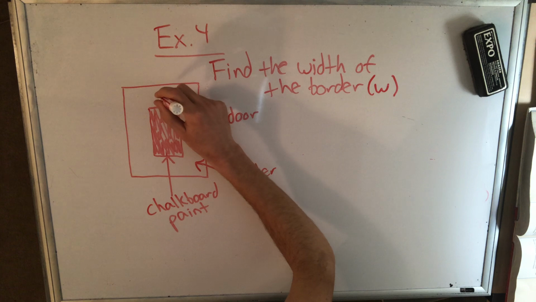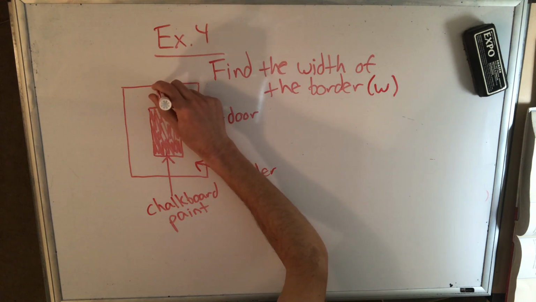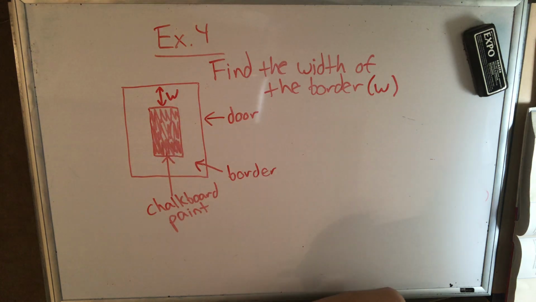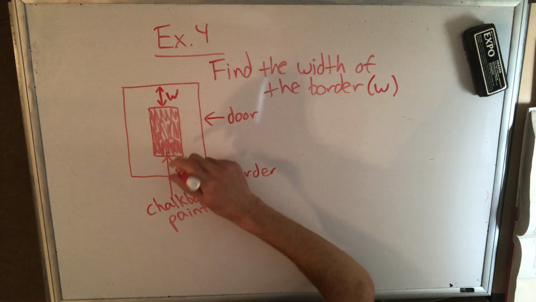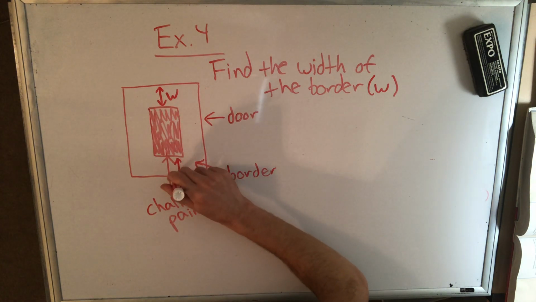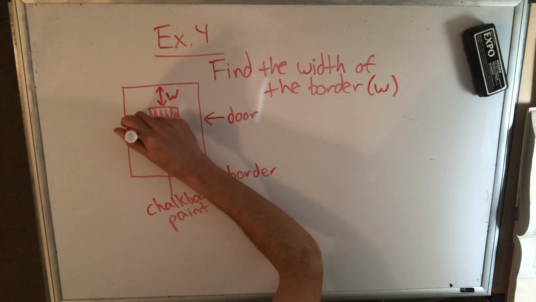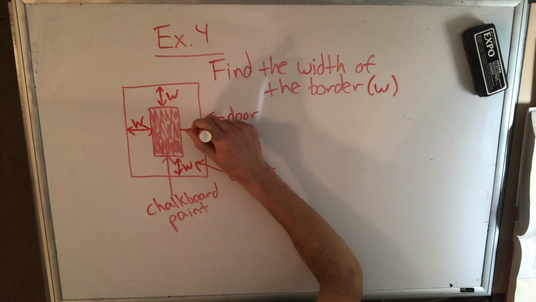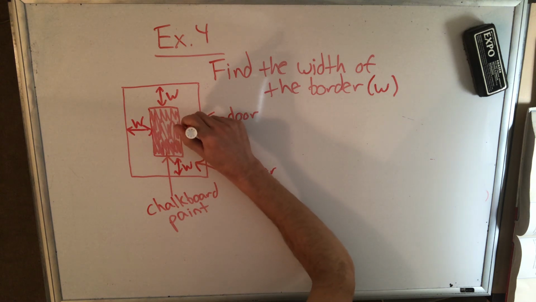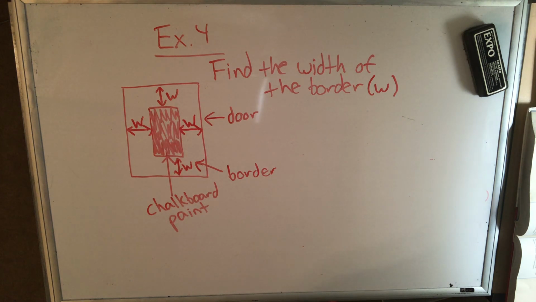So that's w for the width of the border, w, w, w. So same width all the way around the chalkboard paint for the border.